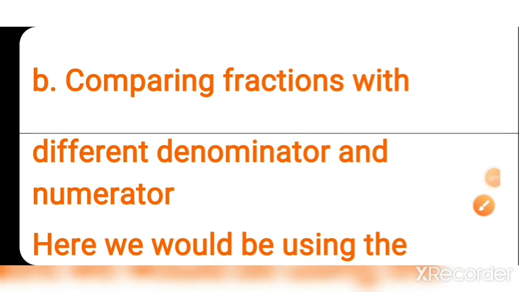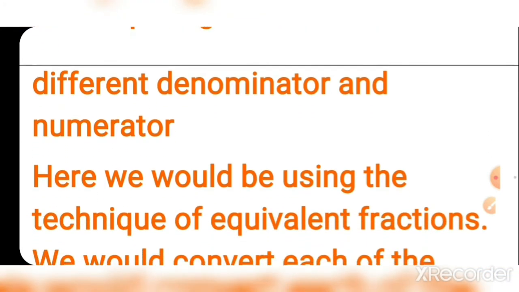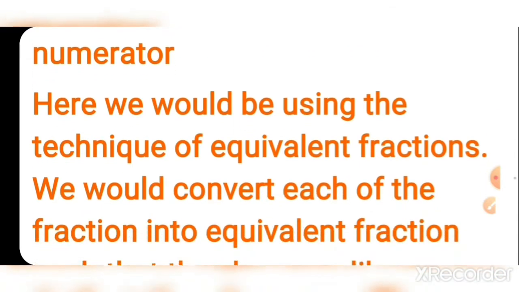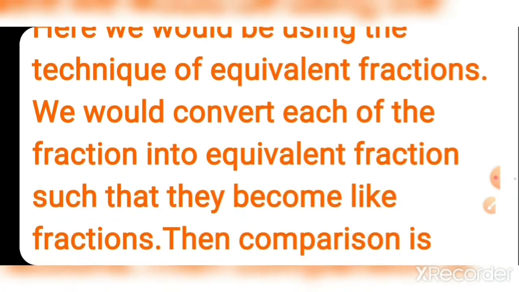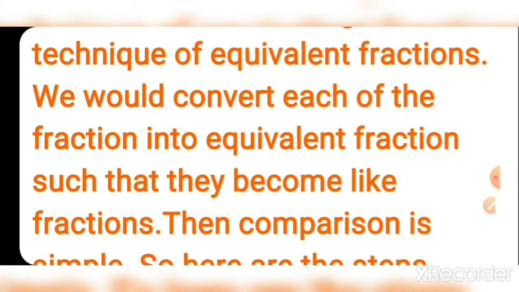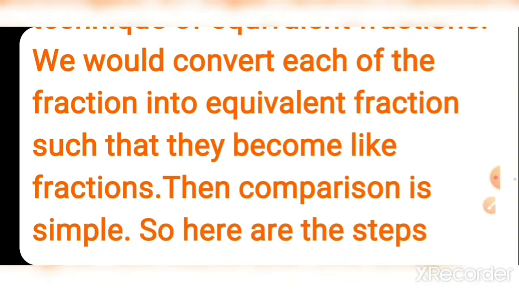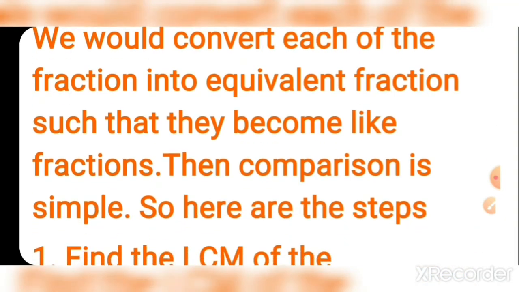Now let us discuss the method of comparing fractions with different denominators and numerators. If denominators and numerators both are different, what will we do? Here we would be using the technique of equivalent fractions. You have learnt about equivalent fractions. We would convert each of the fractions into an equivalent fraction, so they will become like fractions, and then comparison will become easier. So here are the steps.